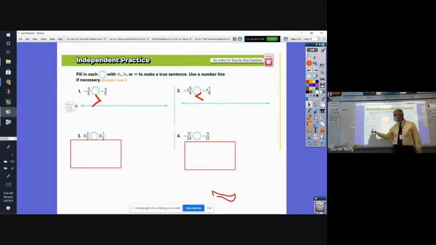Oh, wait. I don't know. Evie? 1/2 is not as big as 2. 1.5 is half of 3, and 2 is larger than that, so it's larger.